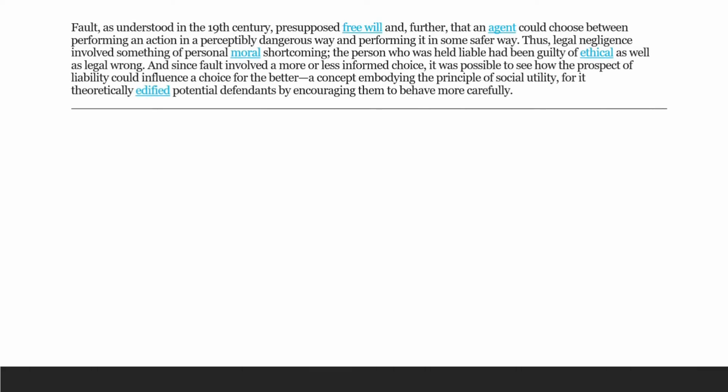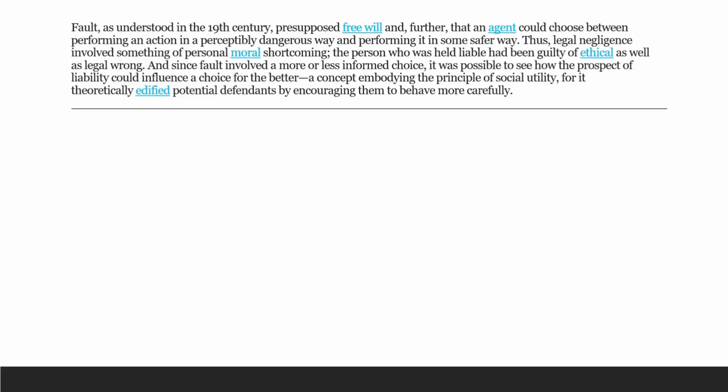Fault as understood in the 19th century presupposed free will, and further that an agent could choose between performing an action in a perceivably dangerous way and performing it in some safer way. Thus, legal negligence involved something of a personal moral shortcoming. The person who was held liable had been guilty of ethical as well as legal wrong.